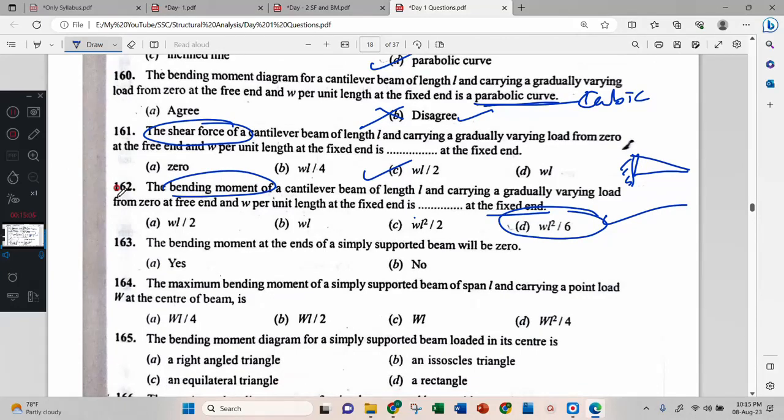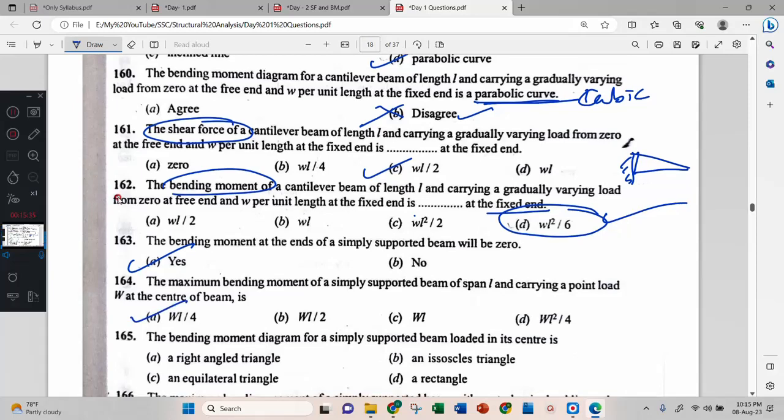Bending moment at a point of a simply supported beam will be 0. At the ends of the simply supported beam it is 0, correct? Yes. Maximum bending moment of simply supported beam of span L carrying central point load is WL by 4.